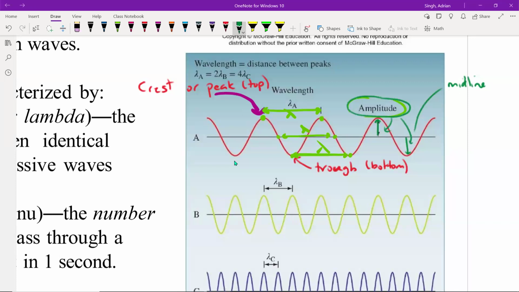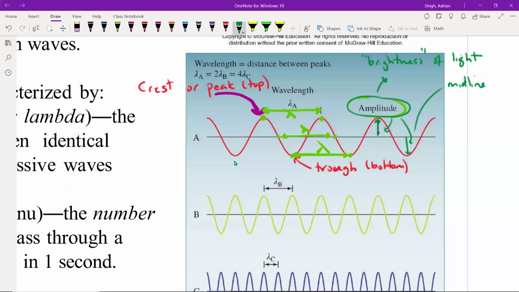And you can think of the amplitude in the case of light as how bright the light is. Bigger amplitude, brighter the light. So brightness of the light. So we have wavelength, we have amplitude. The other thing that we're going to see with our waves is called frequency.